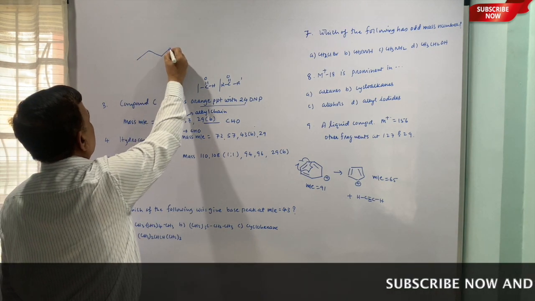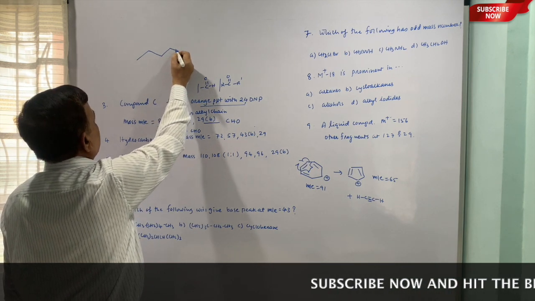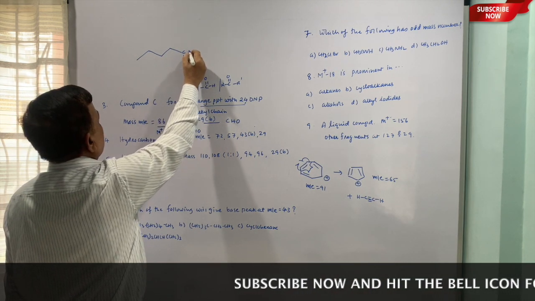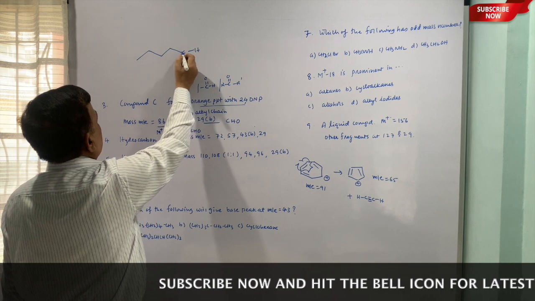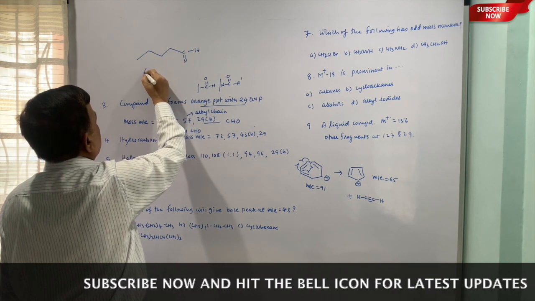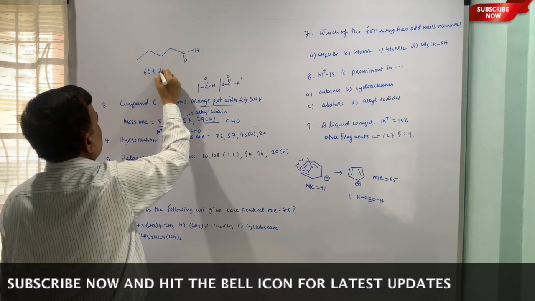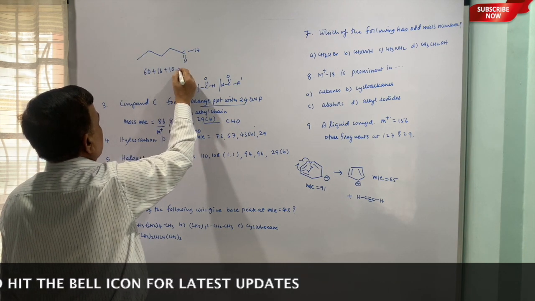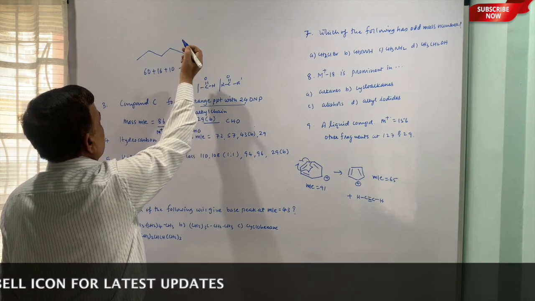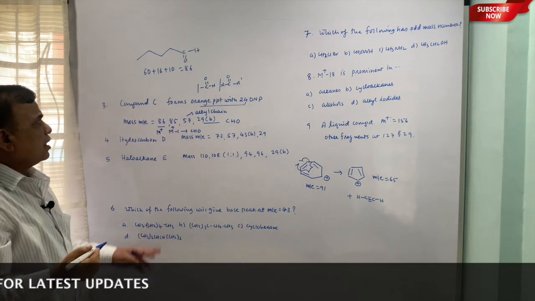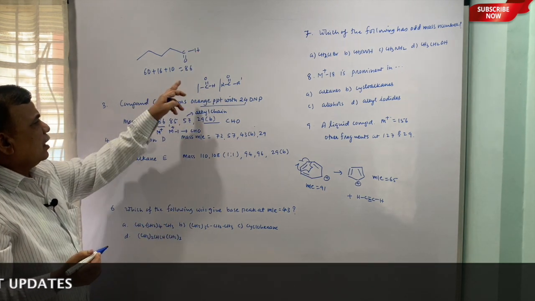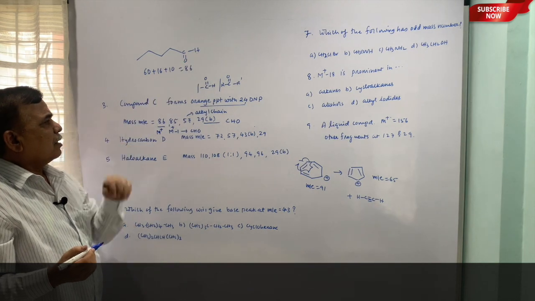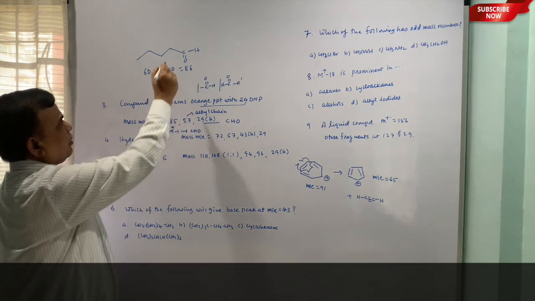So 1, 2, 3, 4, and I am putting the aldehyde here straight away. So 1, 2, 3, 4, 5, 60 plus 16, that is 86. So 86 is molecular ion. 85 is where this proton is lost. 57 is this one.